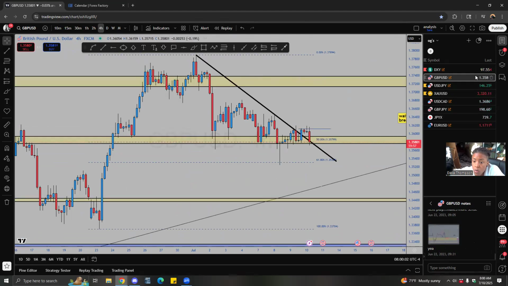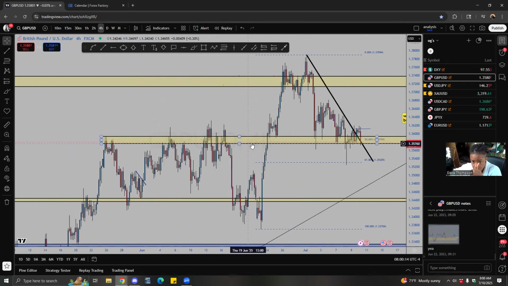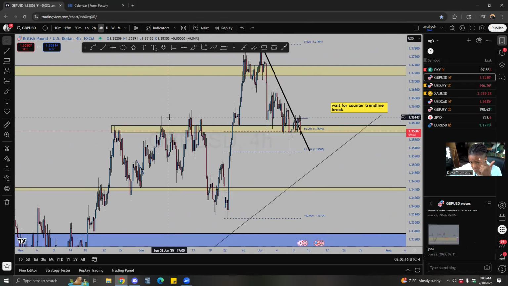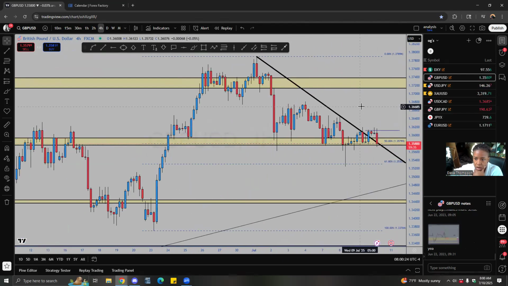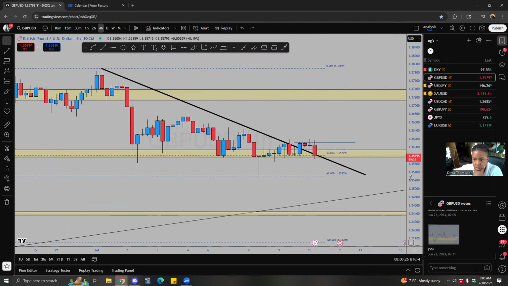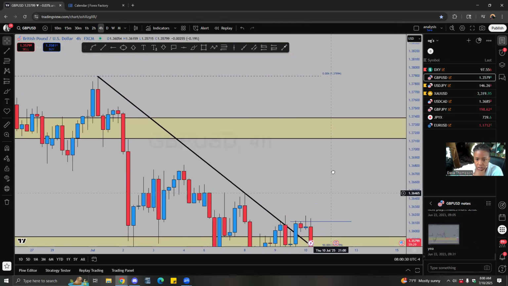So, oh, and GU. GU is another one, right? Because it looks way better than EU because one, it's actually on a key level. Two, you actually met the 50% fib. And three, oopsies, the 4 hour broke out of that, kind of strong.